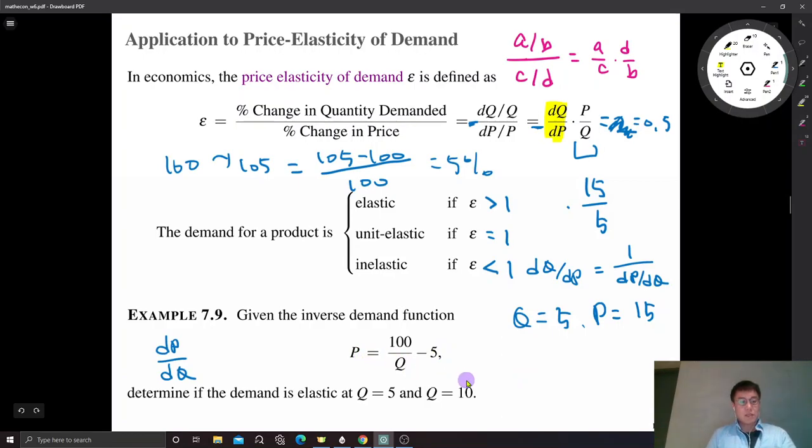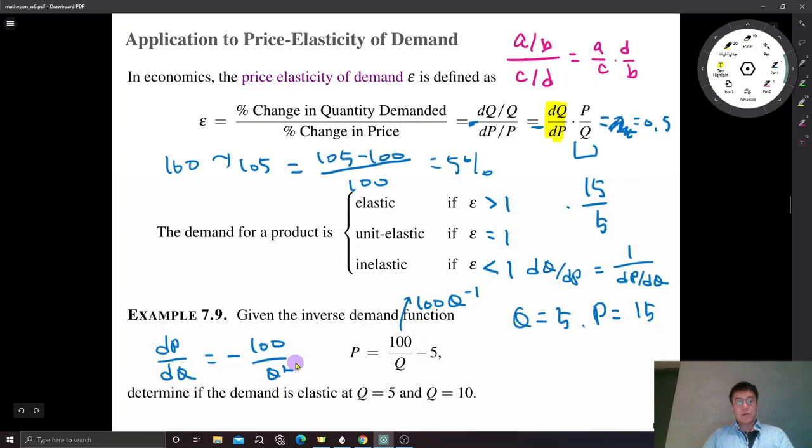Then it's going to be negative 100 over q squared, right? Because 100 over q is 100 q to the power negative 1. So now using the power rule, we can bring out the power, so we have a negative sign, and then take 1 away from the power. So the new power becomes negative 2.